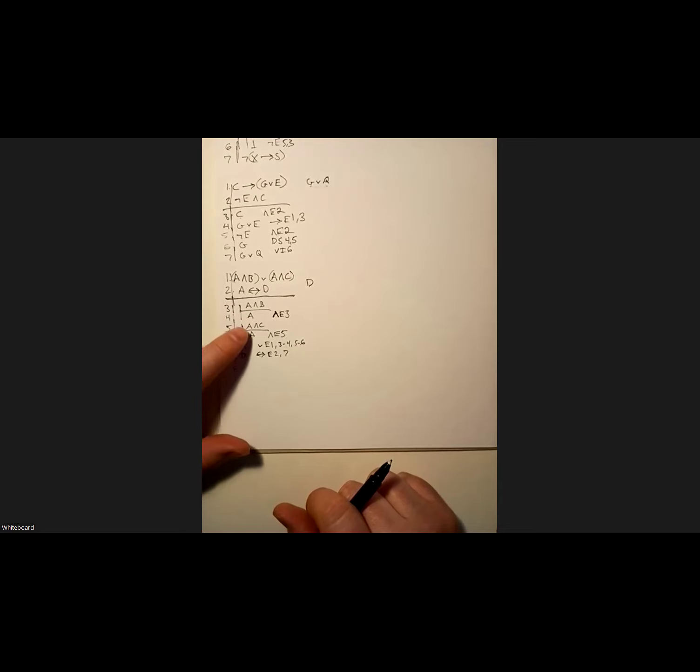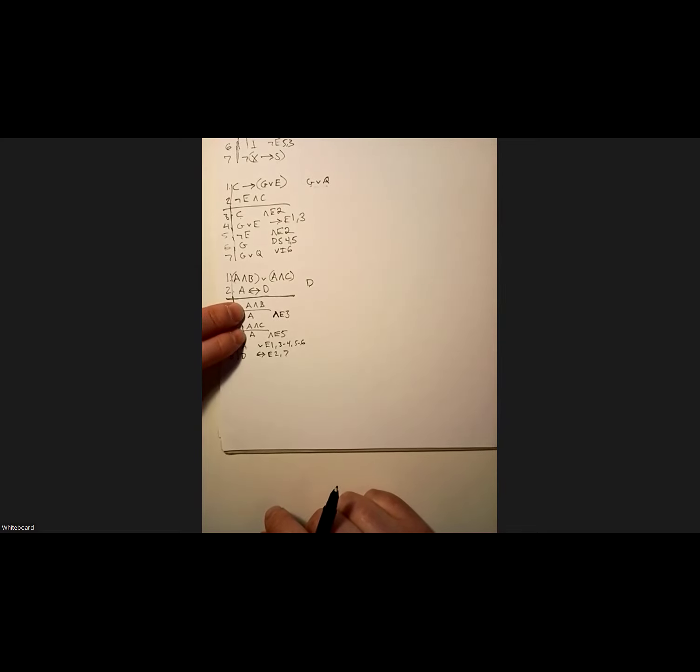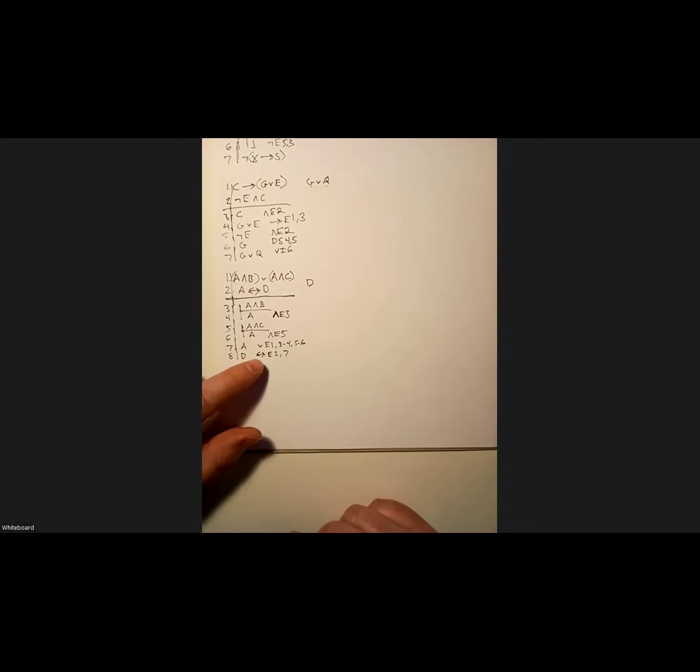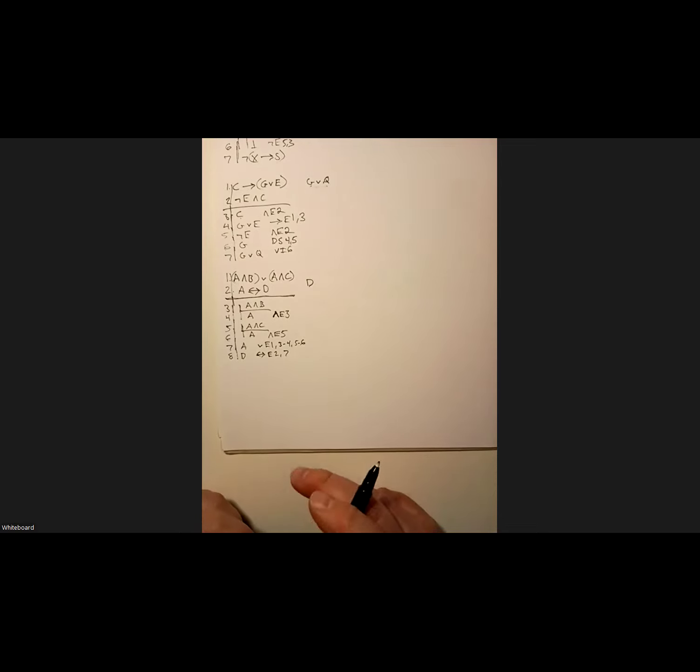So instead of ending both subproofs on A, we could have used biconditional elimination inside the subproofs to end both of them with D. And then that would have made our last step the same sentence, but it just would have been through disjunction elimination. So we could have done this operation inside the subproofs had we wanted to. Doesn't matter which way, it's all the same. But do we see the difference? Do we see how we could have done that? Does that make sense?